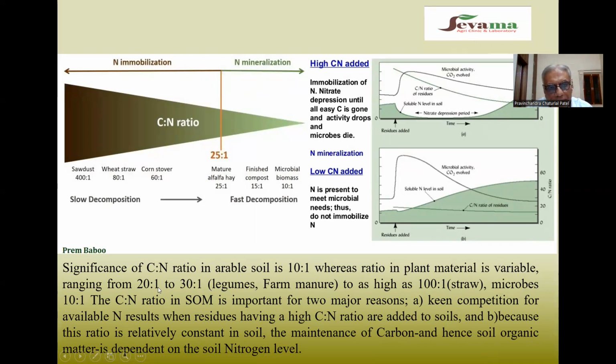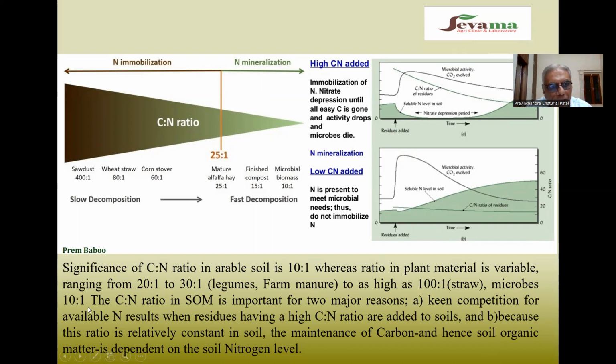In legume it is 20:1, but in farm manure it is 31:2. This range goes as high as 100:1 in straw: crop straw, paddy straw, wheat straw, maize straw.